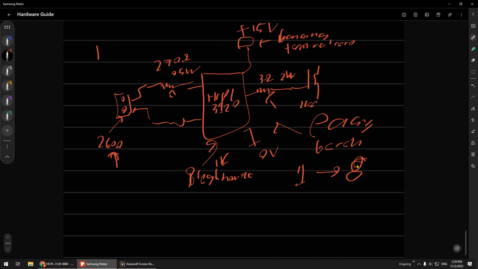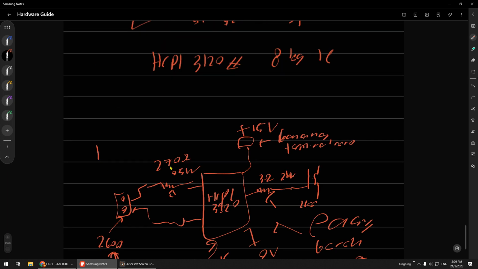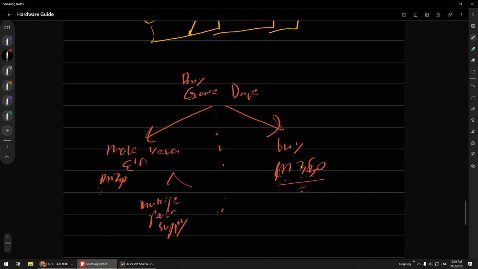But that was before, when Top One did not sell it, but now Top One also sells it, so you can maybe reduce it. If they break, you can just go to Citron or Top One and directly buy it. So that is one way to do it, by making it on your own. But if you don't want to make it on your own and you have extra money, you can buy it.